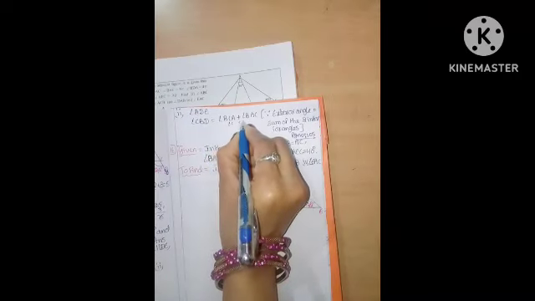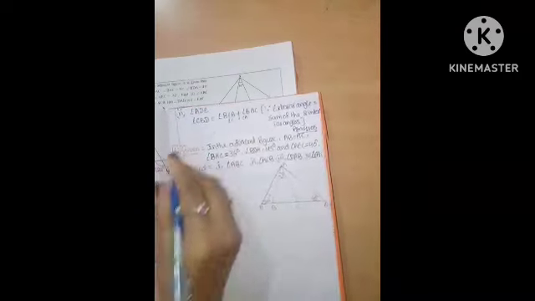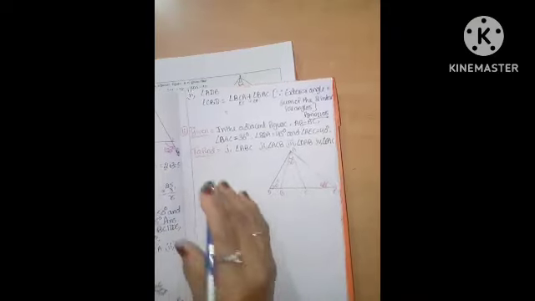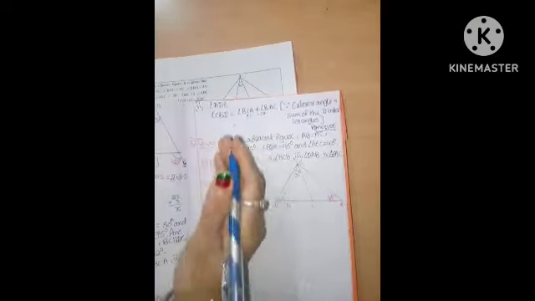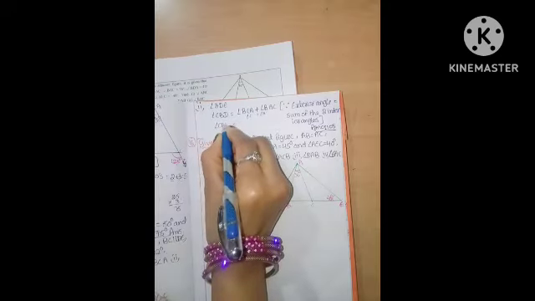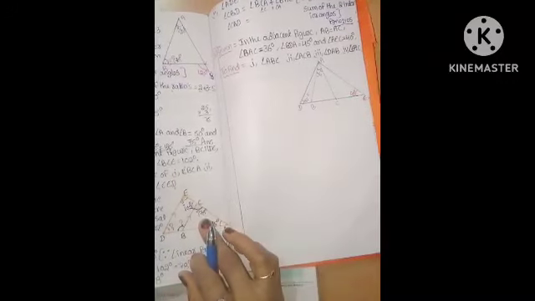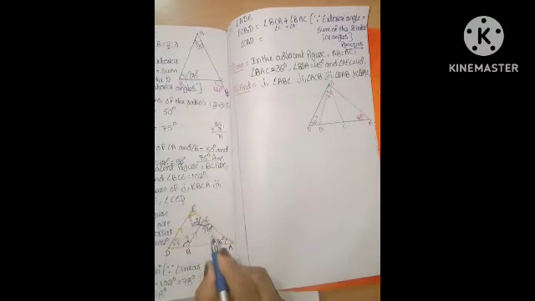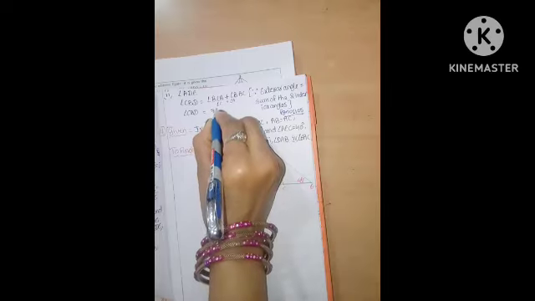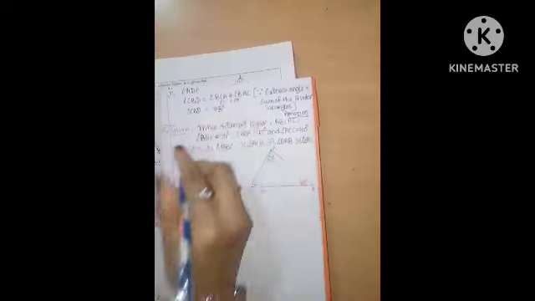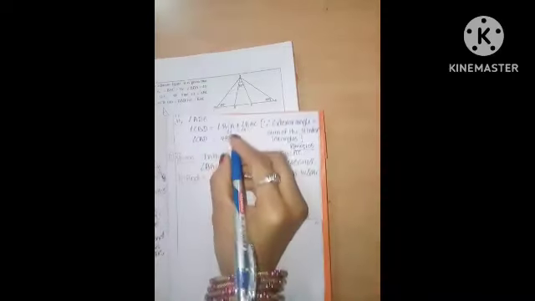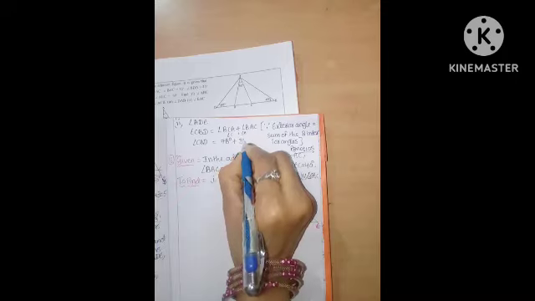Okay. Angle BCA is nothing but angle C, and this is angle A. So angle CBD equals angle BCA plus angle BAC. Substituting, we get 78 degrees plus angle BAC, which is given in the figure as 35 degrees.